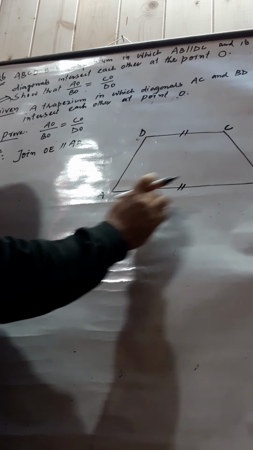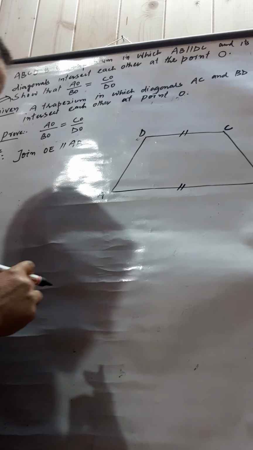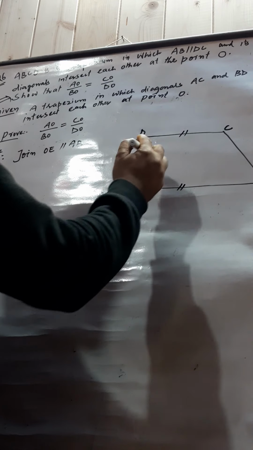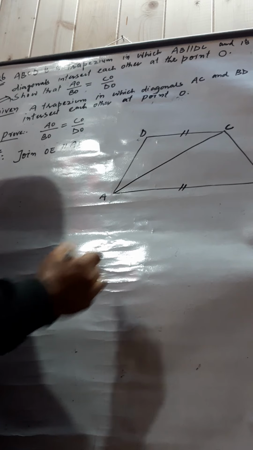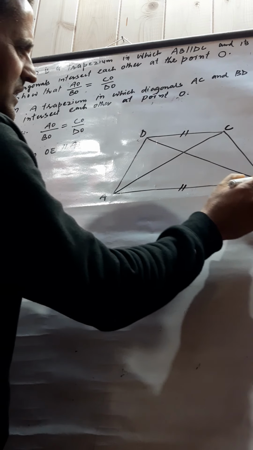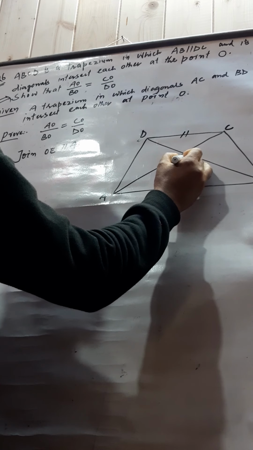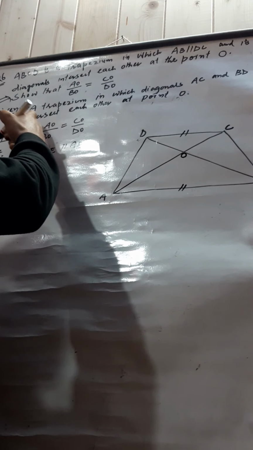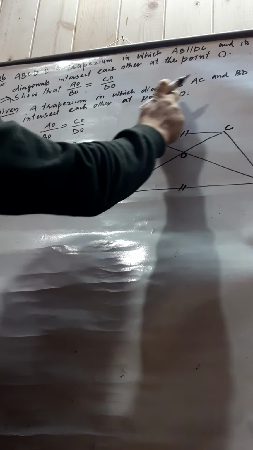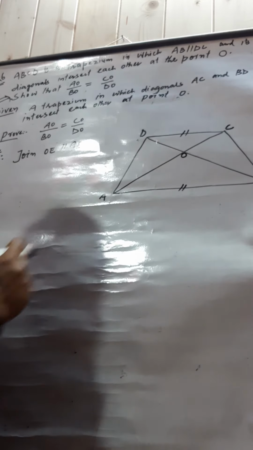Here side AB is parallel to DC. Let us draw the diagonals. AC is one diagonal and DB is the other diagonal, and these two diagonals intersect each other at point O. That is why I have written: given a trapezium in which diagonals AC and BD intersect each other at point O.